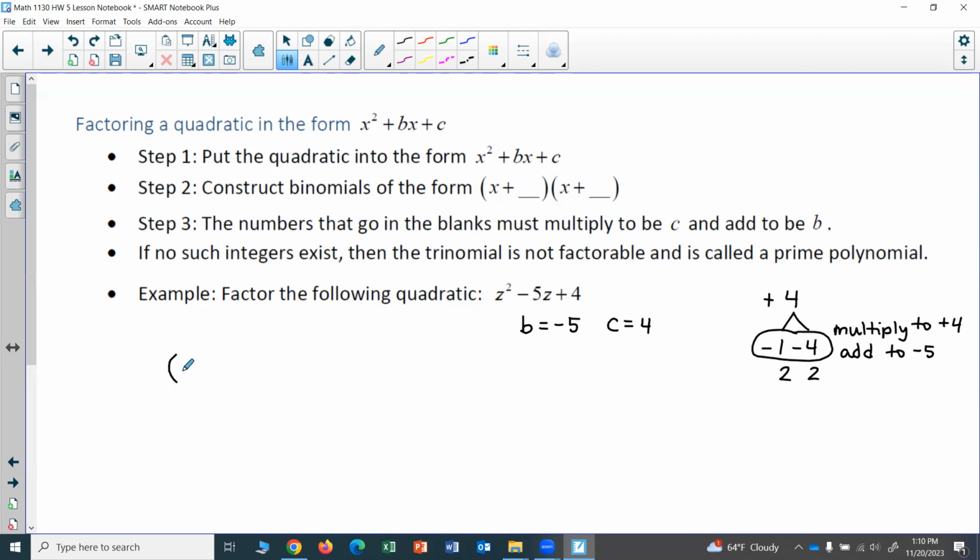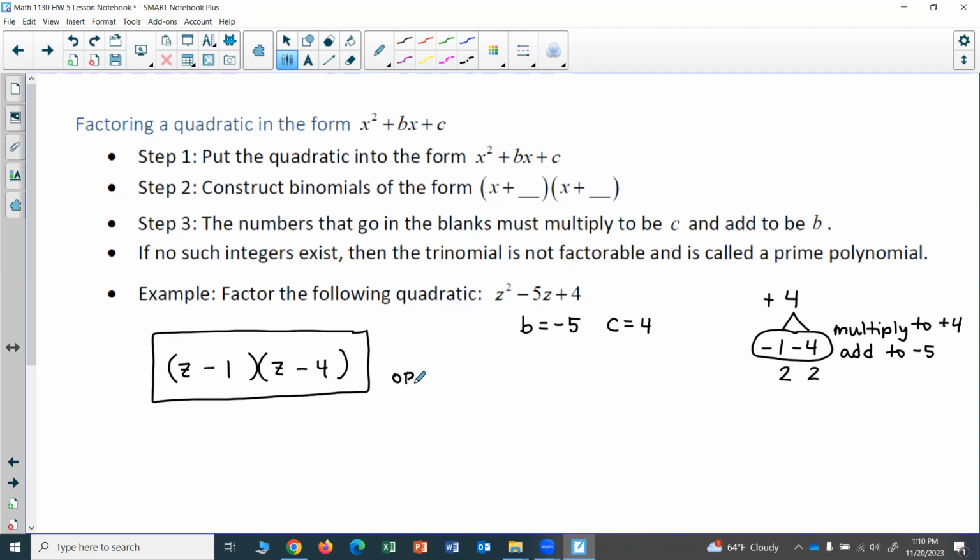So once you get those, you would go ahead and make your two binomials. And in the first binomial, you would have z minus 1 and z minus 4. That would be your final answer. Now it's okay if you wrote the z minus 4 first.